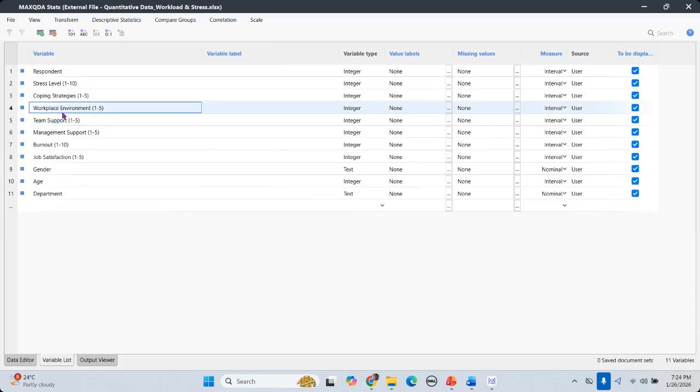These are Likert scales: coping strategies 1 to 5, stress level 1 to 10. We collected data from employees working as healthcare workers. They are healthcare workers, but we are still trying to understand what kind of stress they have. The context is the same as in the previous class. We know what the case study is.